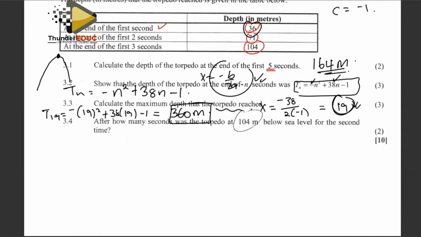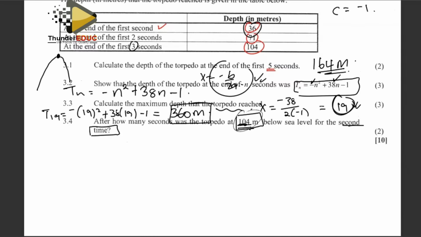All right, then after how many seconds was the torpedo at 104 meters below the sea level for the second time? For 2 marks, sorry. Now we know that it was at 104 after 3 seconds.